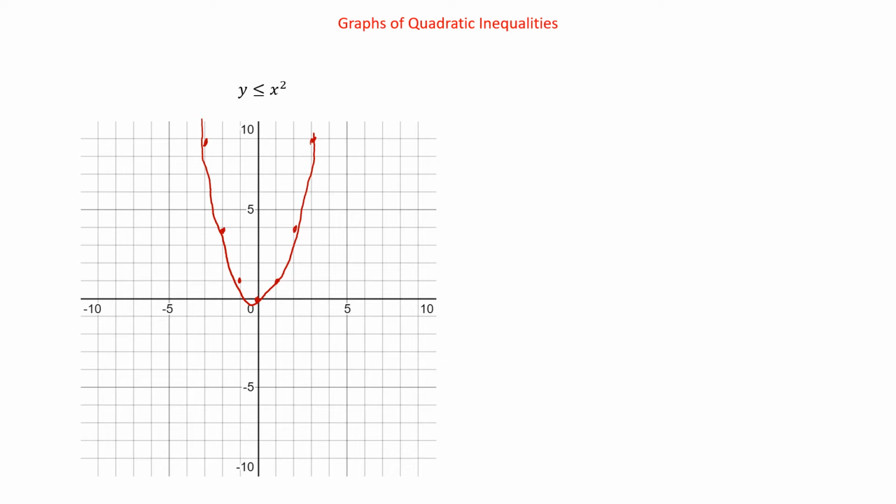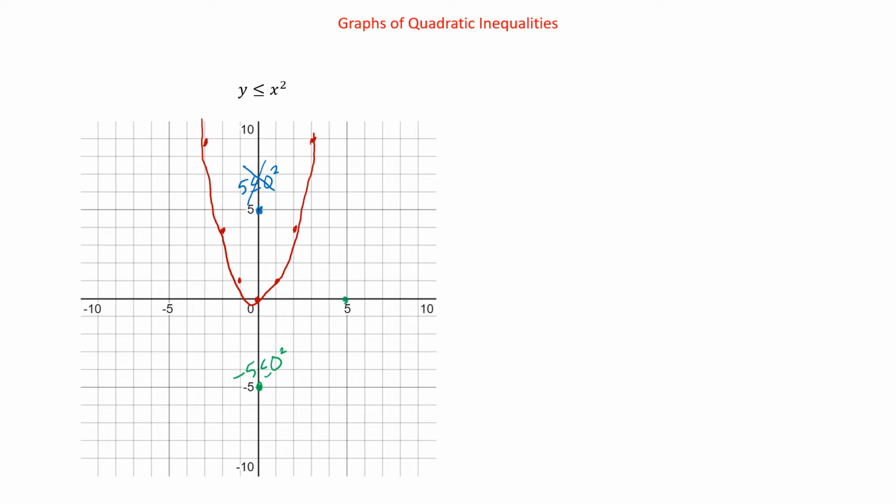All right, and then we're going to shade either outside of it or inside of it. So let's pick a point. If we pick 0, 5, we get 5 is less than or equal to 0 squared. 0 squared is 0. Is 5 less than 0? No, that does not work. We can go 0, -5. Is -5 less than or equal to 0 squared? Yes, it is.